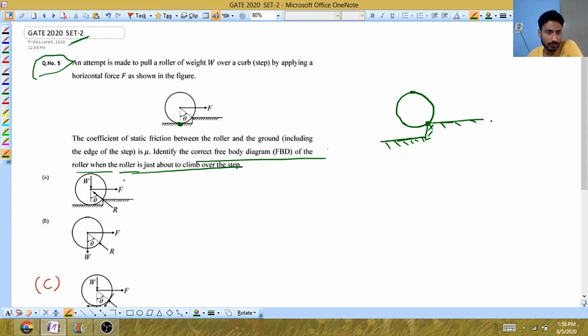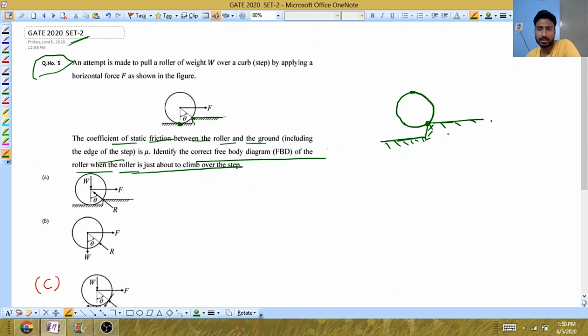They have said one more thing, that there is a coefficient of static friction between the roller and the ground, including the edge of the step. Means at this point also, everywhere, friction is observed, on this surface, as well as this surface, this corner, everywhere. So you need to consider that as well.